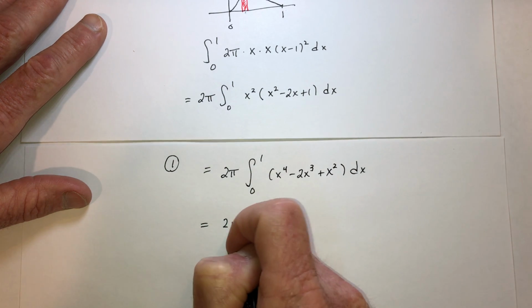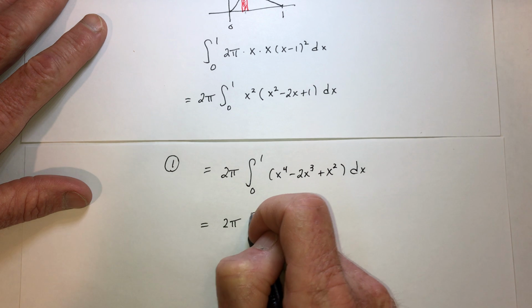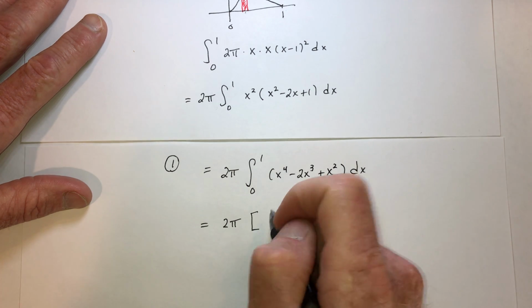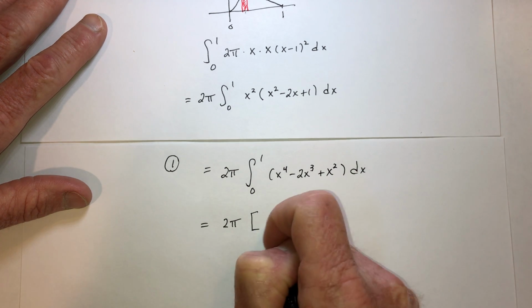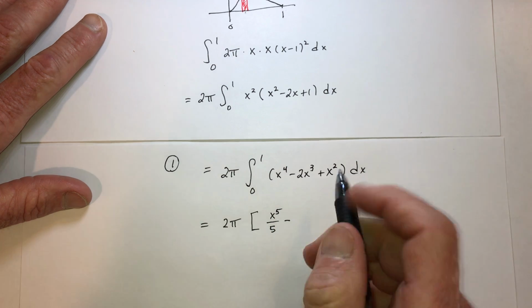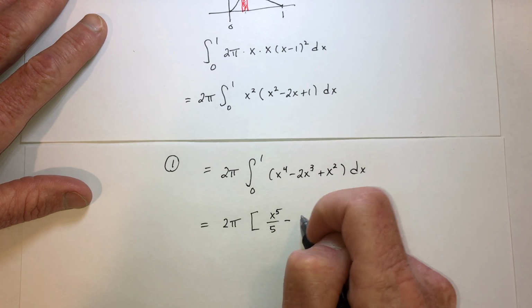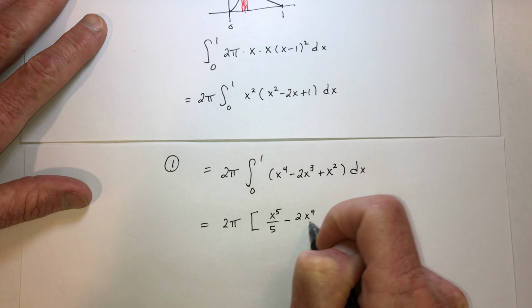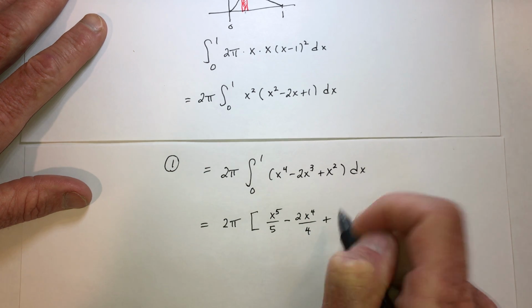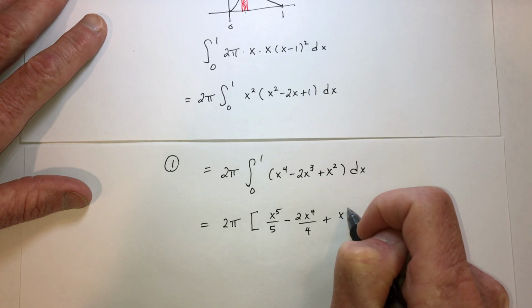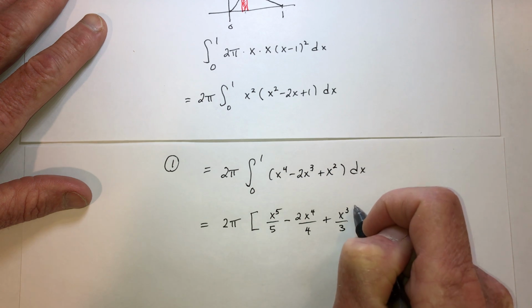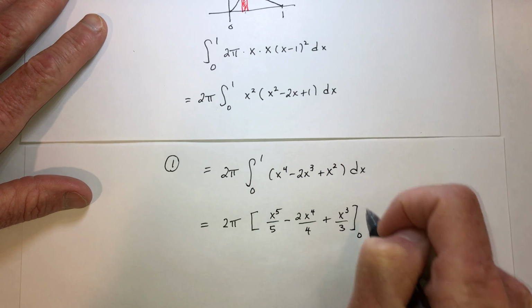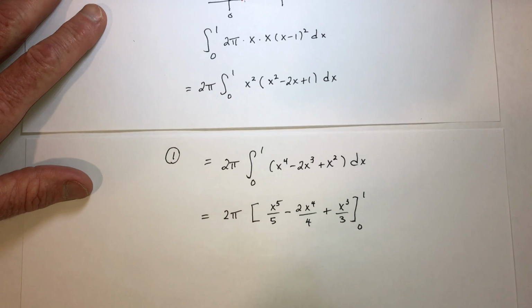And now we're ready to find the antiderivatives. So for this one, it's going to be x to the 5th over 5. This one would be x to the 4 over 4. And this last one would be x cubed over 3. And then evaluate that from 0 to 1.